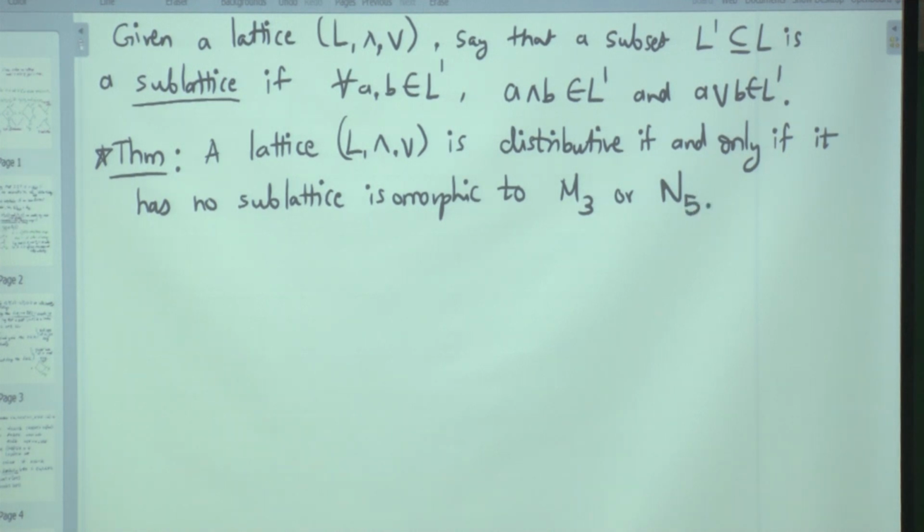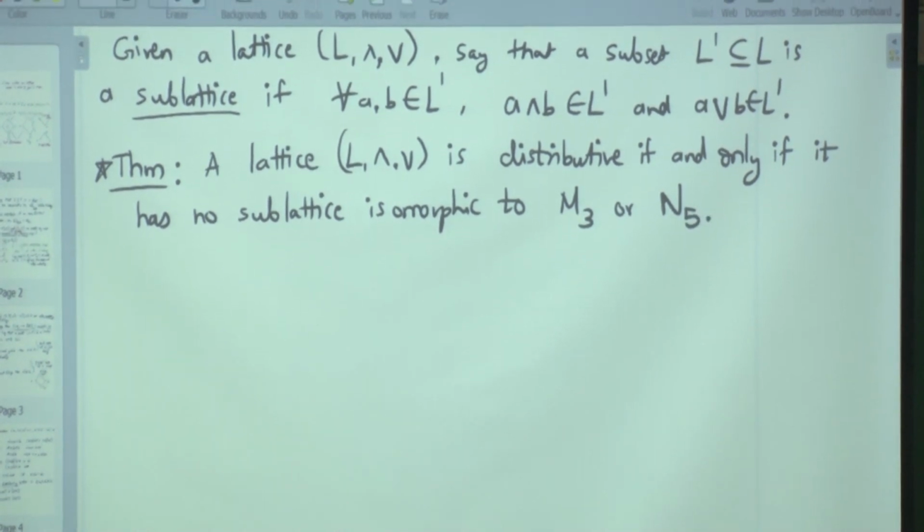So actually M3 and N5 are the only two bad examples. Otherwise it's always distributive. But please be careful. This is a very tricky statement. It says that there should not exist 5 elements which have the configuration of M3 or N5 as a sublattice.